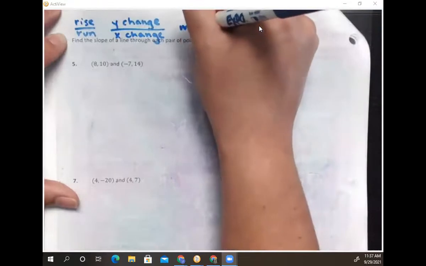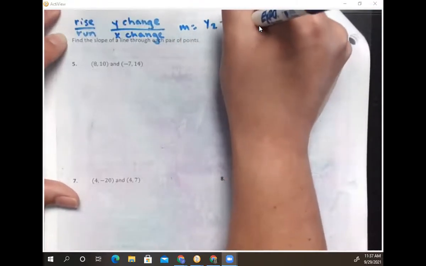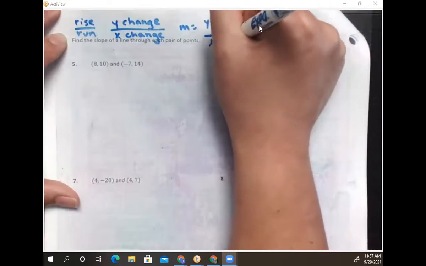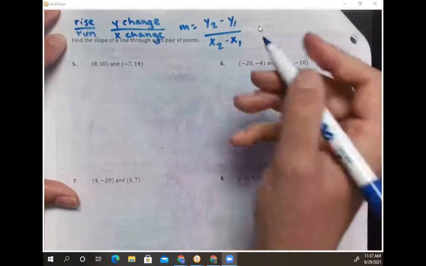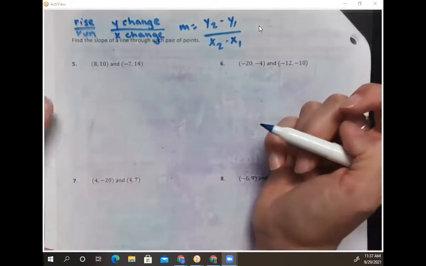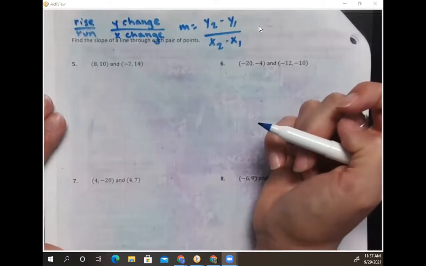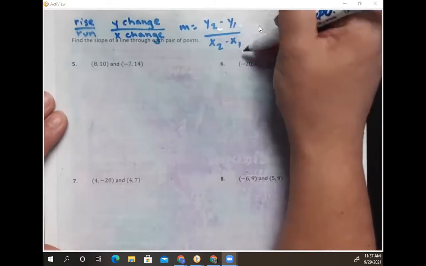So slope formula looks like this. You may have seen this before. y2 minus y1 over x2 minus x1. What we're looking at here is how the y changed over how the x changed. The important thing when we're using slope formula is that, so we've got 2's here and 1's here.